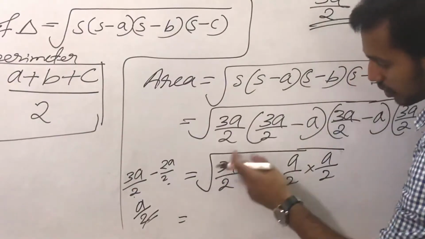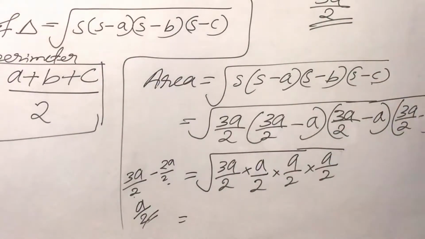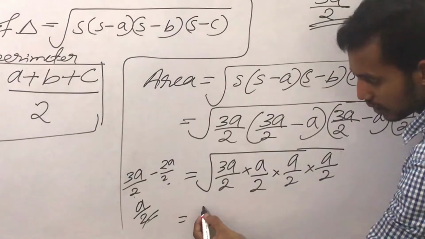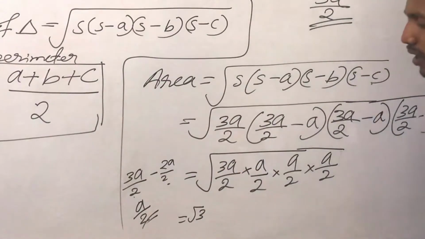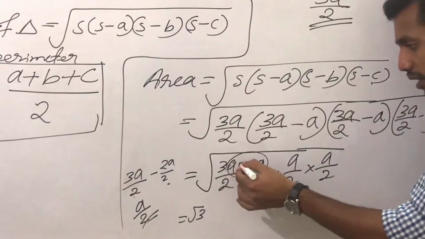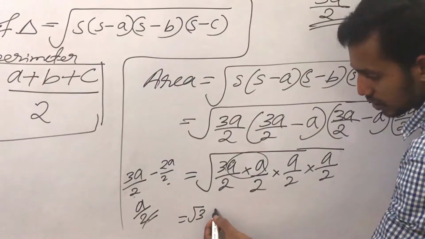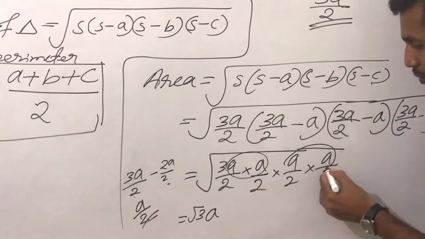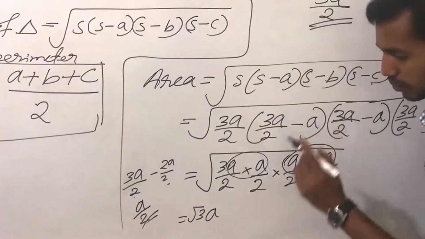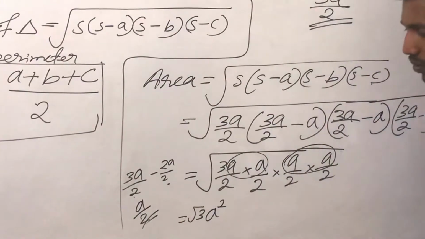Now this is already in factorized form, so we can directly take the square root. Here only one 3 is there, so that will be root 3. And from a pair of a we take one a, and again there is one more pair of a, so we take one more a, so a into a will be a square.